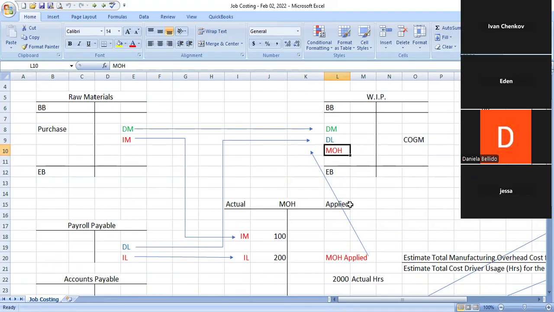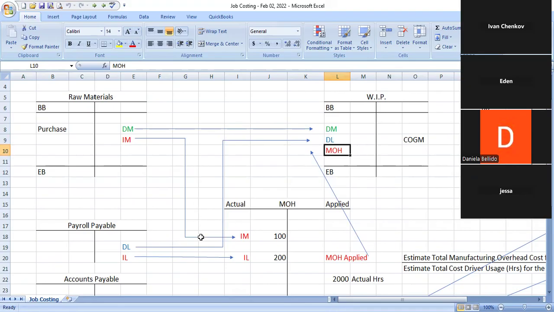The last thing that is left is the indirect or manufacturing overhead cost, which represents all the indirect cost plus the additional costs which we needed in our production but are not directly traced to the product.